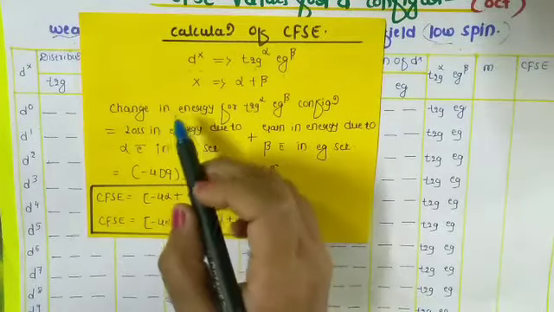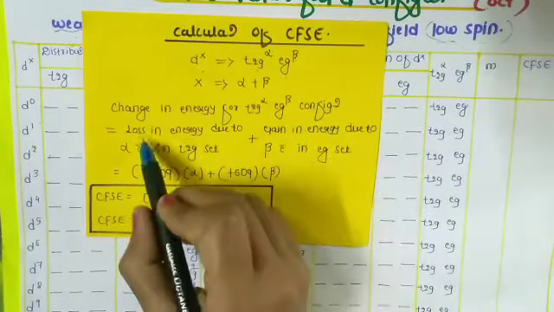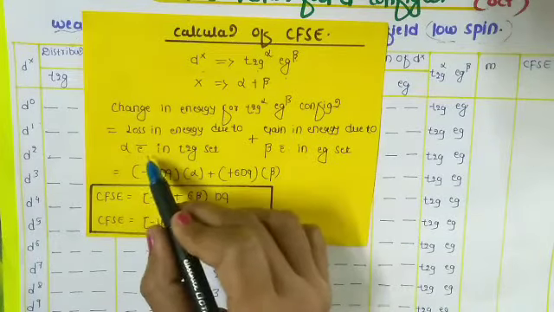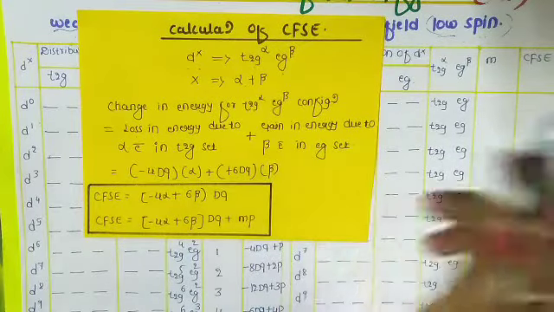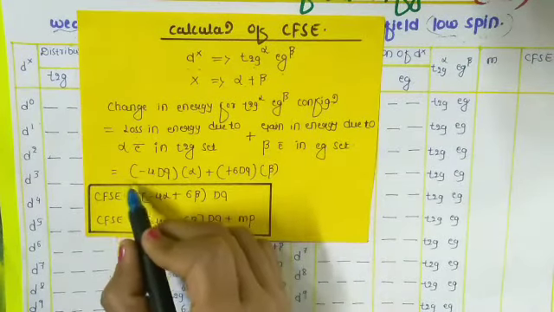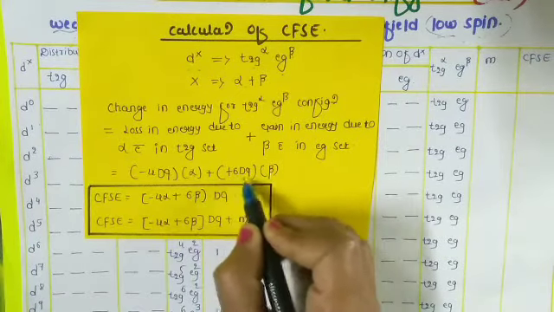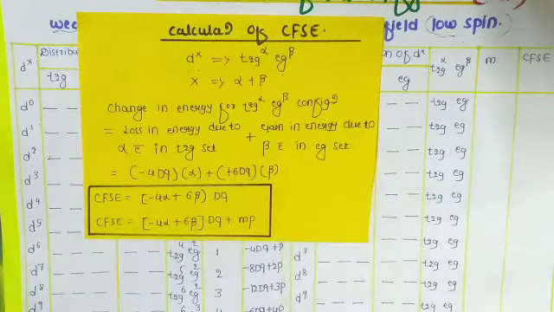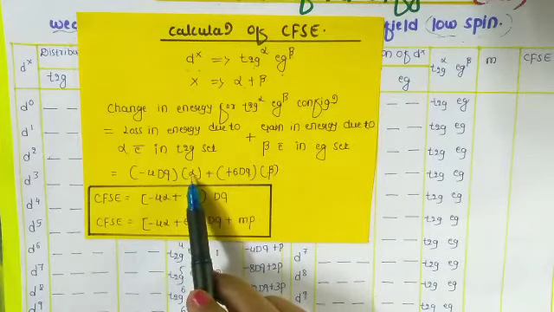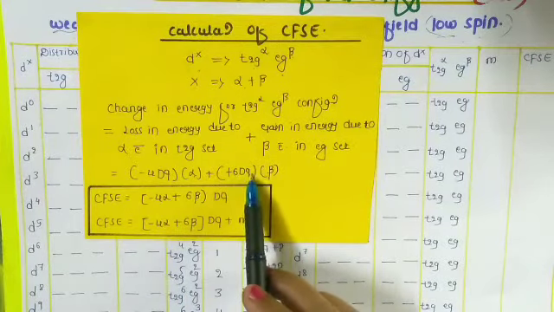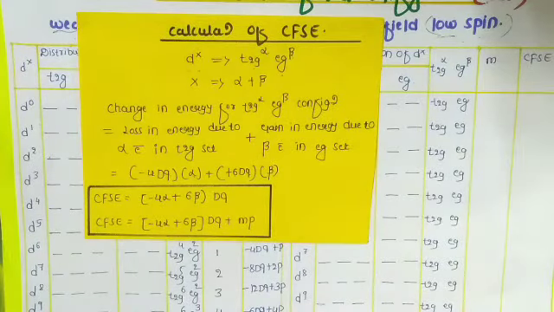Next, the change in energy for the T2g alpha Eg beta configuration is given by loss in energy due to alpha electrons in the T2g set plus gain in energy due to beta electrons in the Eg set. Therefore it is given by minus 4 Dq into alpha plus 6 Dq into beta, because you already know the diagram.